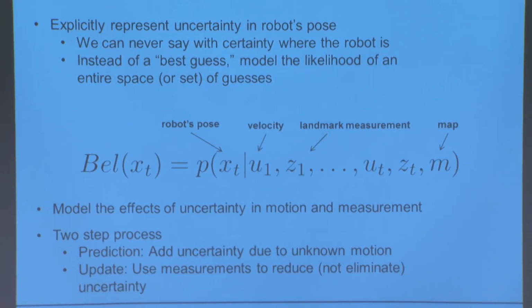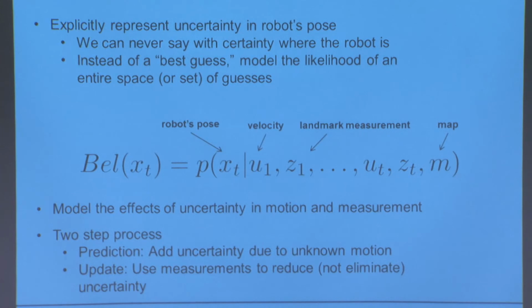So our belief function is some probability density function that describes our robot's position as a probability. So rather than saying our robot is at this particular spot with 100% confidence, we say instead our robot is somewhere inside of our state space, and in some areas of our state space we have higher confidence where the robot is, but it's not perfect confidence.